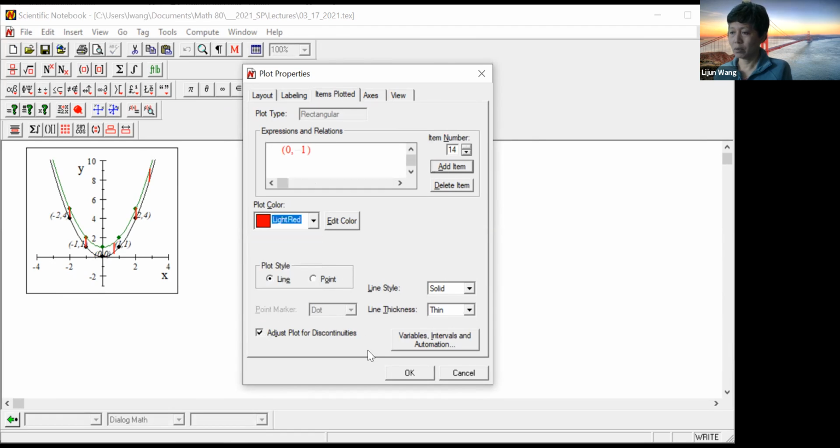Let's use red. We just have 3 colors. The next one, we're going to have 0, 1, 0, -2, 3.